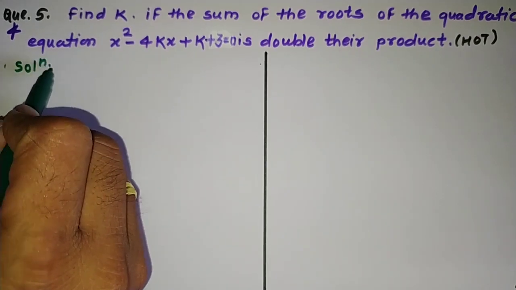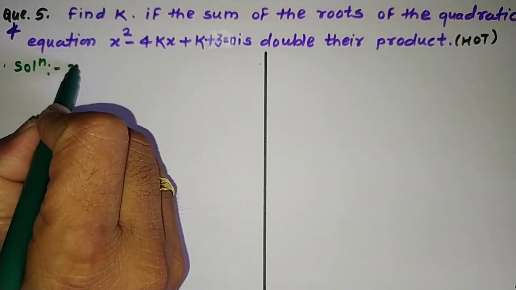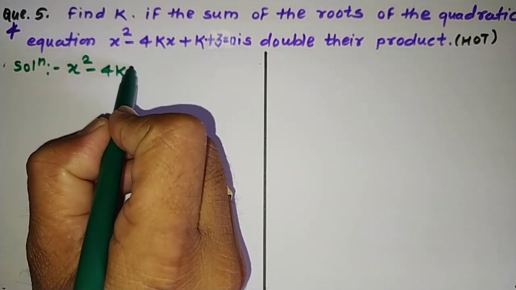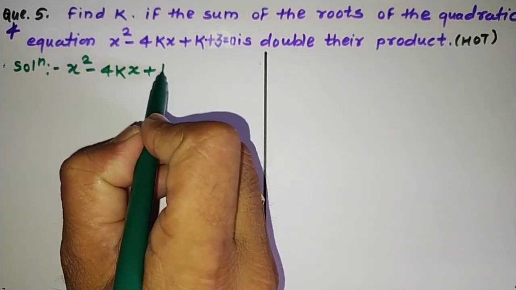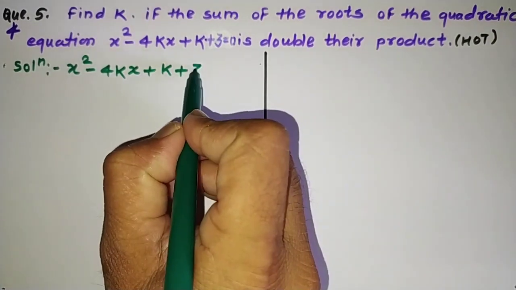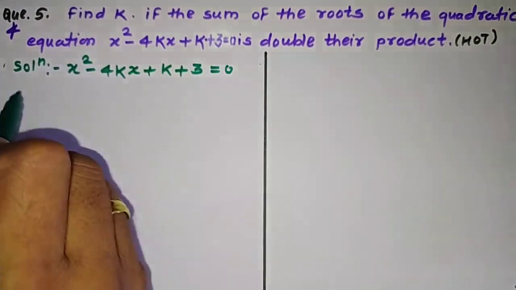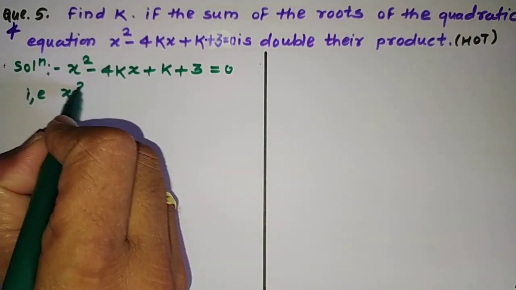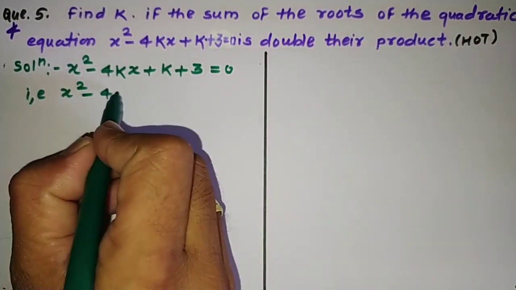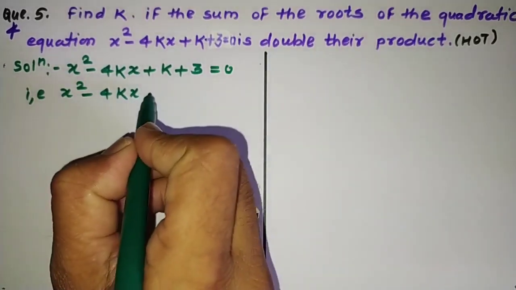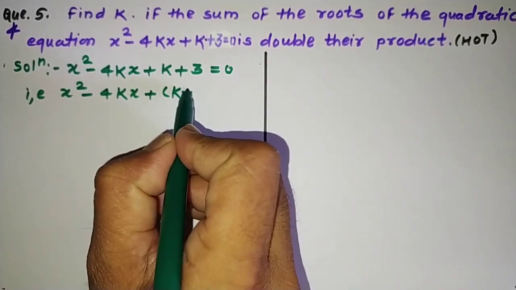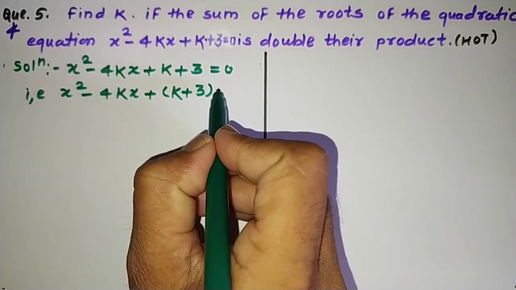Solution. Write down first the equation x square minus 4kx plus k plus 3 is equal to 0. That is x square minus 4kx plus, write down k plus 3 in bracket, k plus 3 is equal to 0.